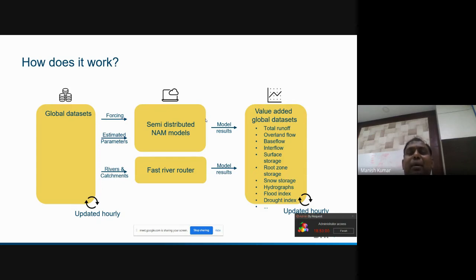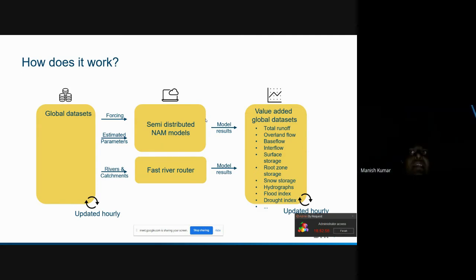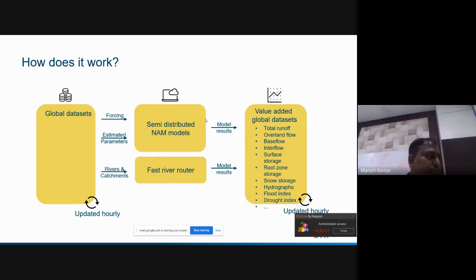Then there are the other parameters, all these NAM parameters. If you go into details, basically it calculates the moisture conditions in different zones, in the surface zone, in the subsurface zone, in the groundwater zone, and then accordingly it calculates the runoff: overland flow runoff, interflow or base flow.